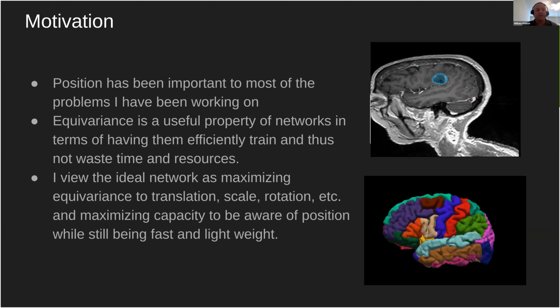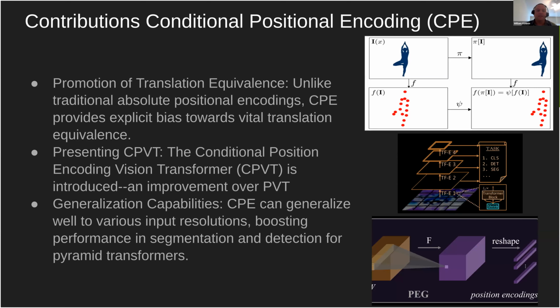I'm exploring those ideas. The conditional positional encoding paper basically explores translation equivariance as a property for transformers, whereas the original ViT doesn't have this property very well, and it shows in segmentation tasks specifically in many ways.